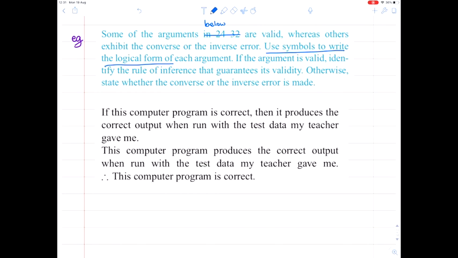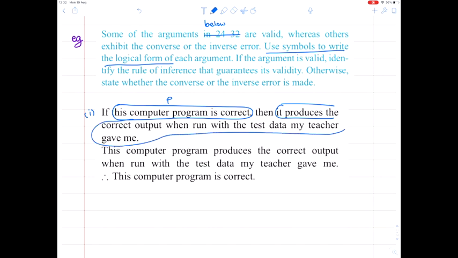If this computer program is correct, then it produces the correct output when run with the test data that my teacher gave me. Okay, so the first thing that we have is an if then. So if this computer program is correct, then it produces the correct output when run with the test data my teacher gave me. So this first line says P implies Q. Our second line says this computer program produces the correct output when run with the test data my teacher gave me.